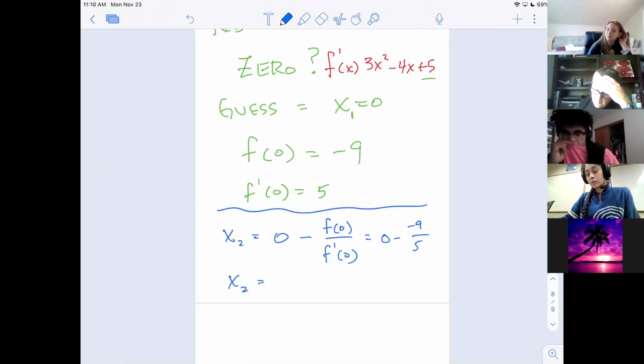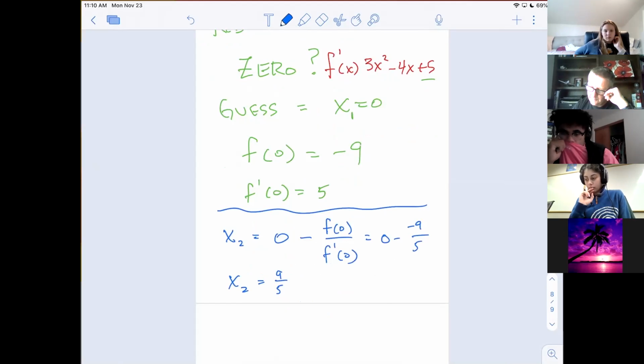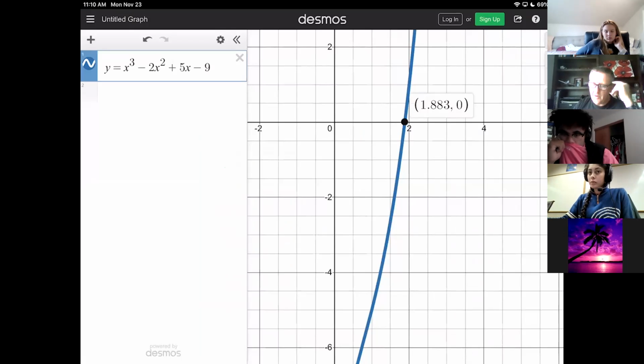It only takes 2 repetitions of this to get the answer to 3 significant digits. It's ridiculous. 9/5, that's 1.8. Remember the graph? What's the right answer? Even starting with a terrible guess, it's already accurate to a 10th.